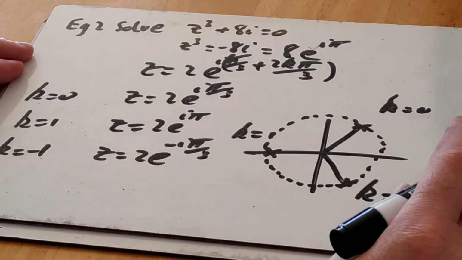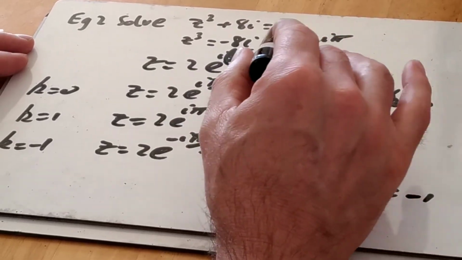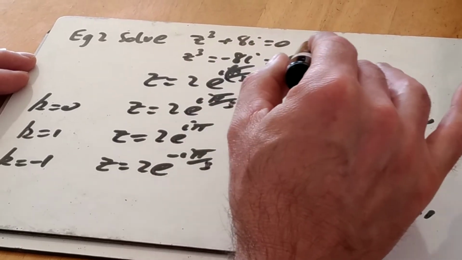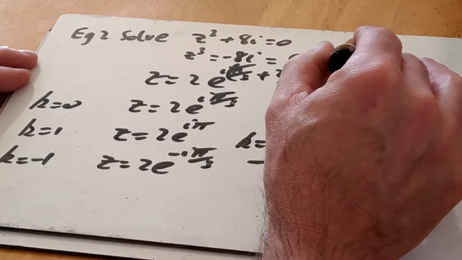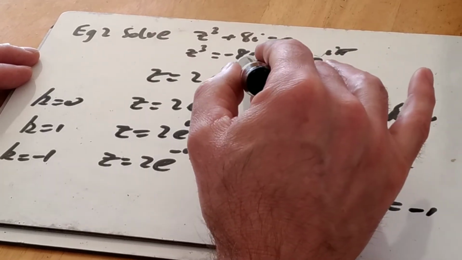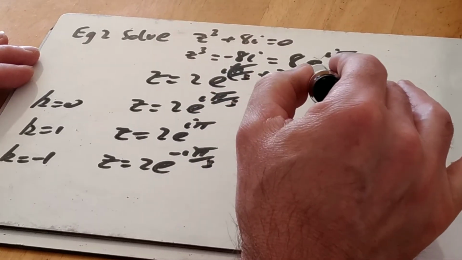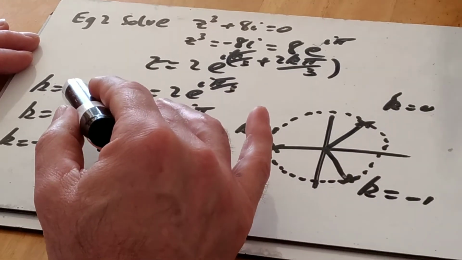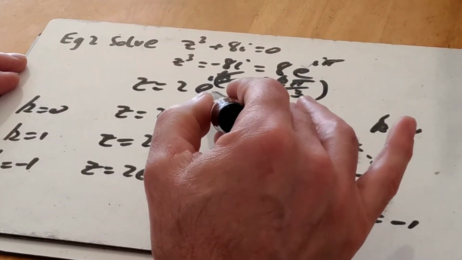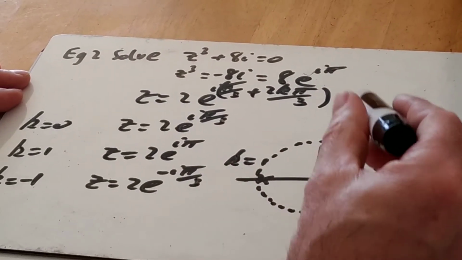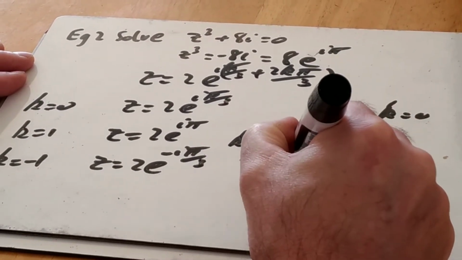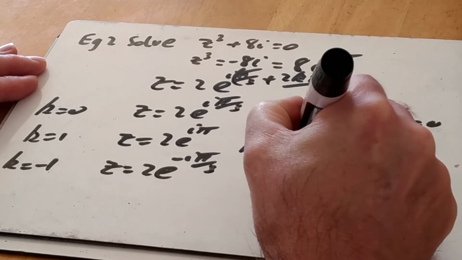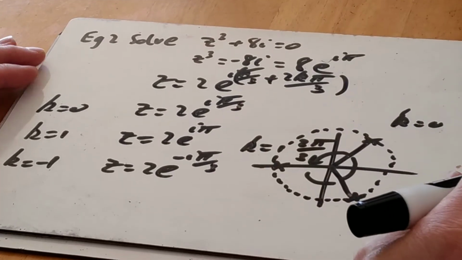So all I've done, I've taken the cube root of the 8 to get 2, the cube root of the e to the i argument, but I've then added on multiples of 2 pi onto it, and because I'm finding the cube root, I'm dividing by 3. And then sticking k equals 0 in gives me just the first one there, and then I'm rotating round because these are now equally spaced, so each one of those is adding on or taking off 2/3 of a circle, 2 pi over 3.